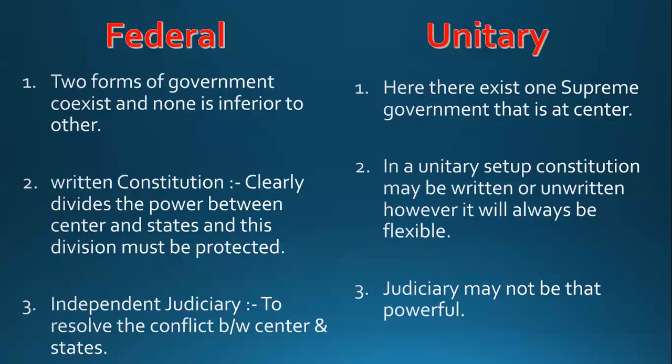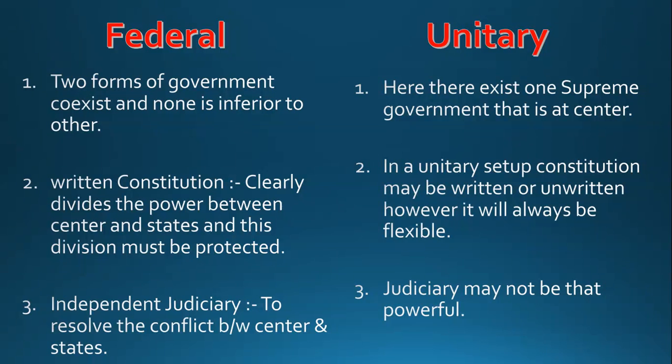Now friends, what is the second difference? In any federal system, there has to be a written constitution. It is a must. It is compulsory that a federal setup should have a written constitution, and that written constitution should clearly divide the power between center and state.